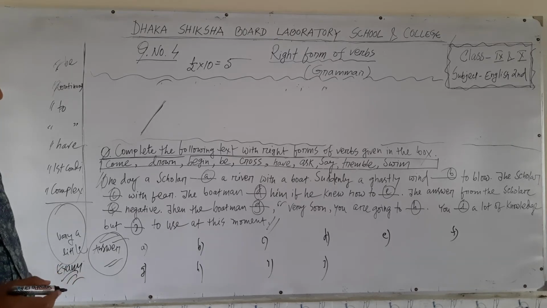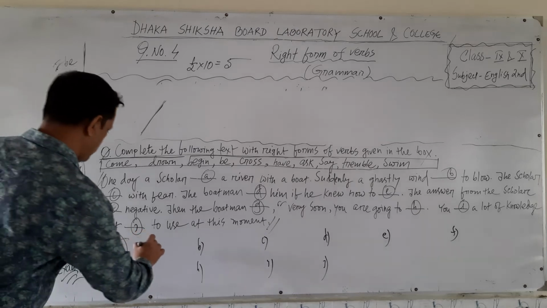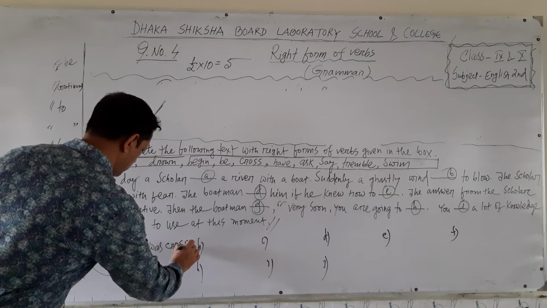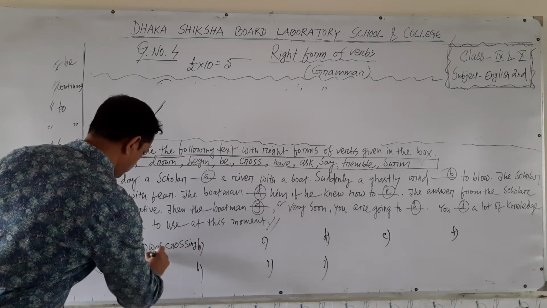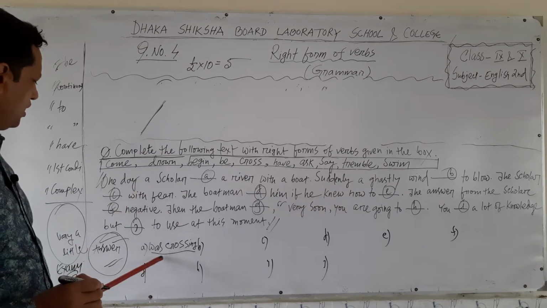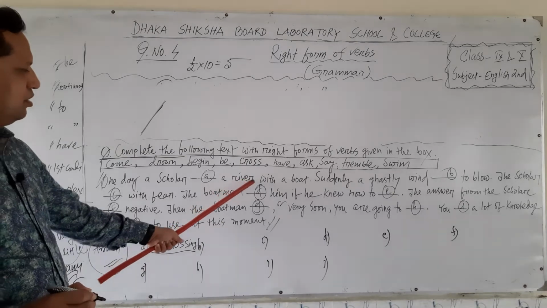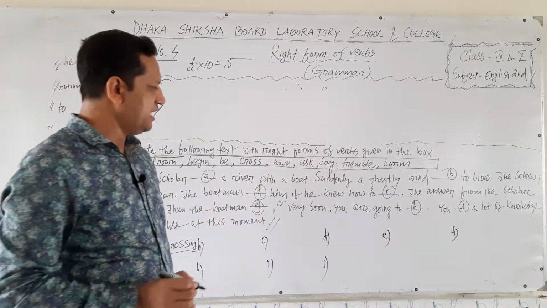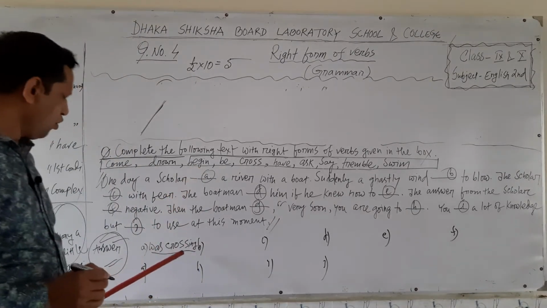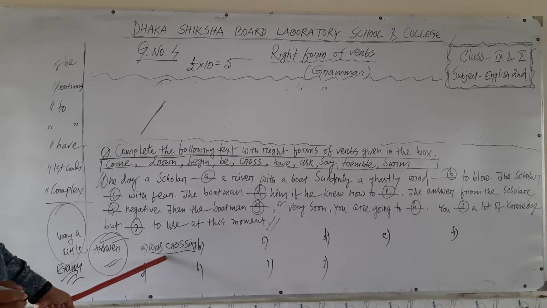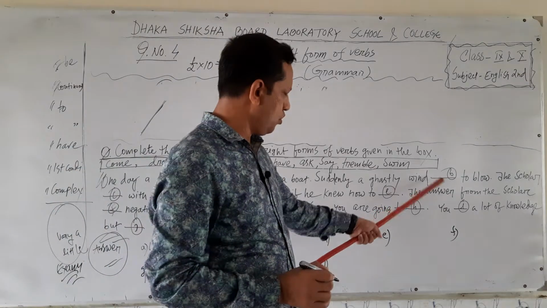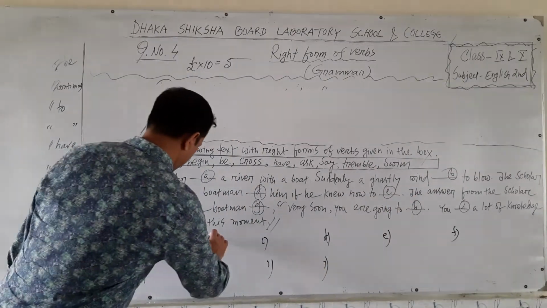If we like to write in the past tense, then was crossing is the correct answer for A. One day a scholar was crossing a river with a boat. Suddenly a ghastly wind began, and we have written the answer in the past tense. That's why we have to use here V2 or past form, actually began.